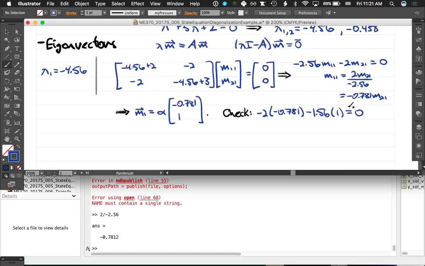And does this equal 0 is the question. If you do this calculation, you guys can just trust me. It is good. Now, we did some rounding here, so it might be like 0.001 or something, but that's a good check. The reason that this solution satisfies both is that they're not linearly independent, these two equations.